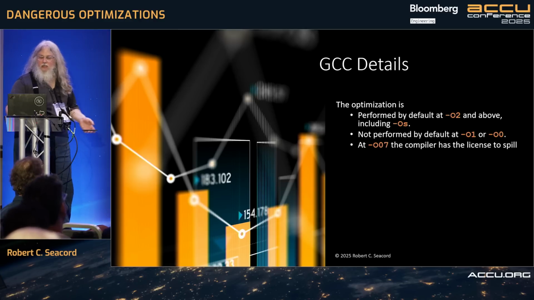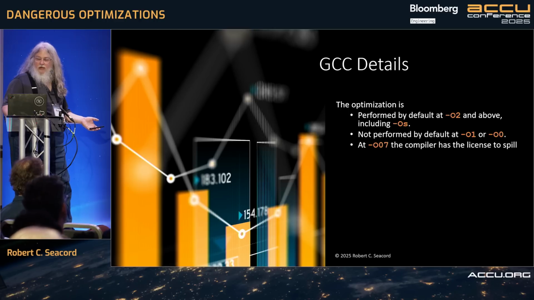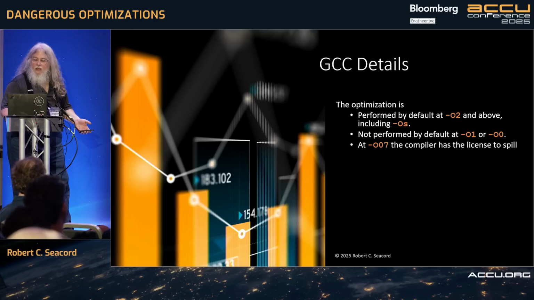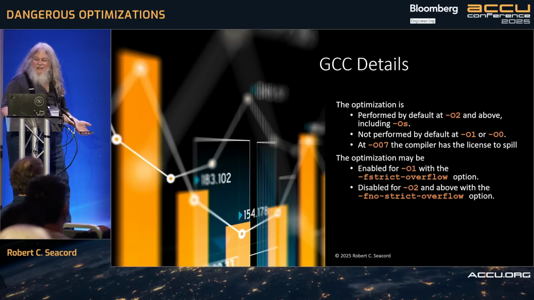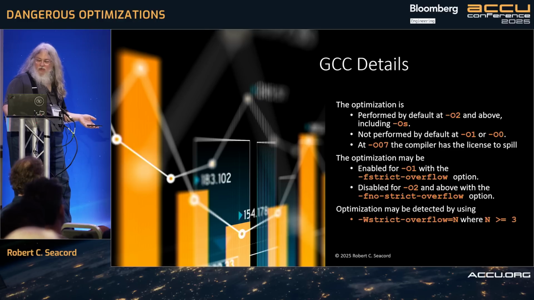So this particular optimization is performed at O2 and above, including OS, not performed at O1, O0. It can be enabled with strict overflow or disabled with no strict overflow.